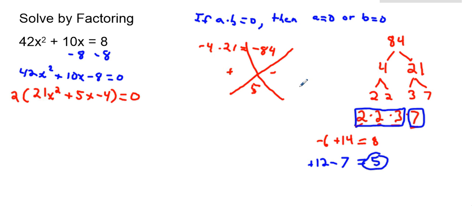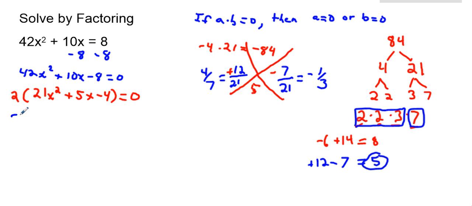Okay, let's finish up this problem quickly. I want a positive 12 and a negative 7. Simply by dividing by the leading term coefficient, which is 21, negative 7 over 21 will be negative 1/3. Positive 12 over 21 reduces down, with a common factor of 3, to 4 over 7.